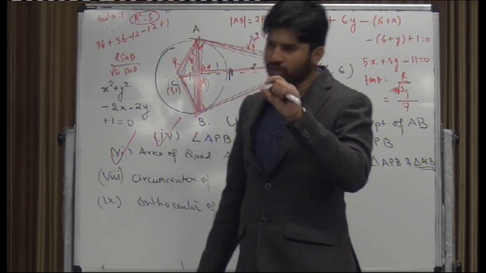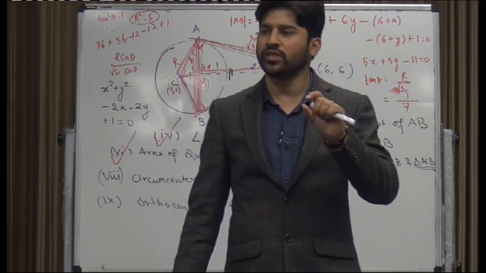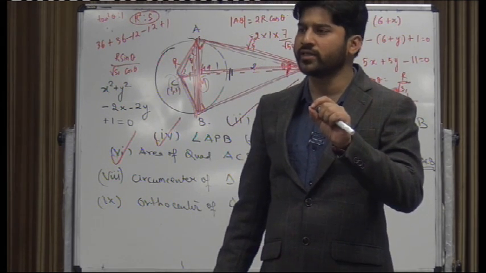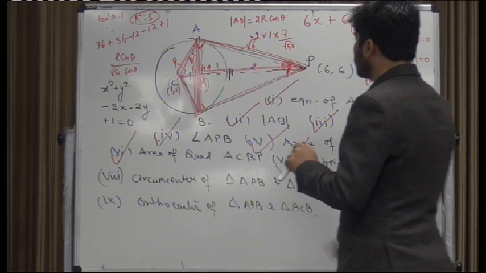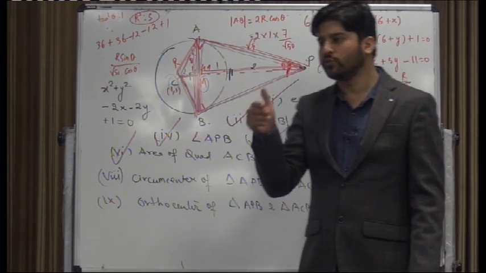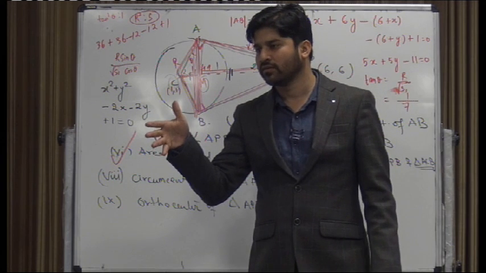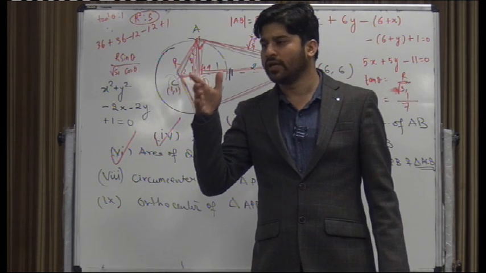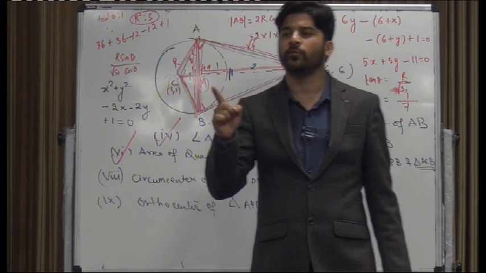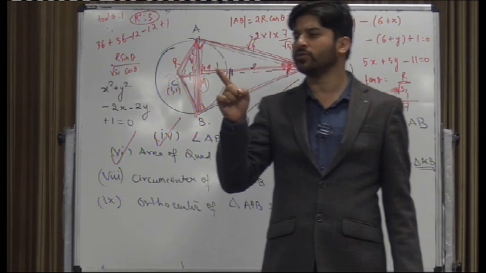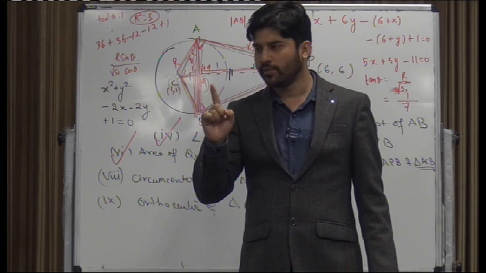And there is only a unique circle passing through 3 non-collinear points. You have already studied in class 9, I suppose, that there would only be a unique circle passing through 3 non-collinear points, and you have already proved it using the concept of chords and midpoints.